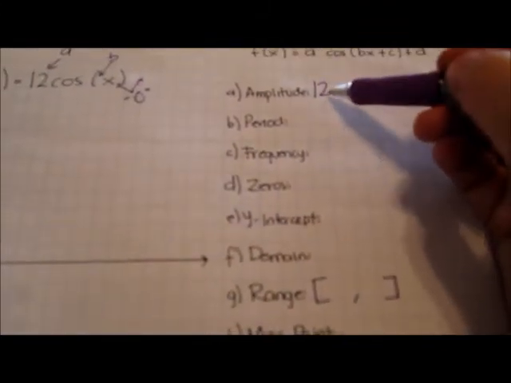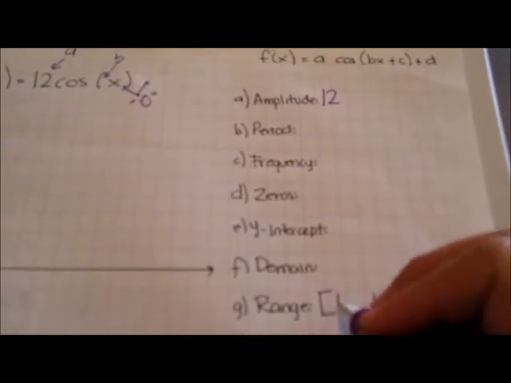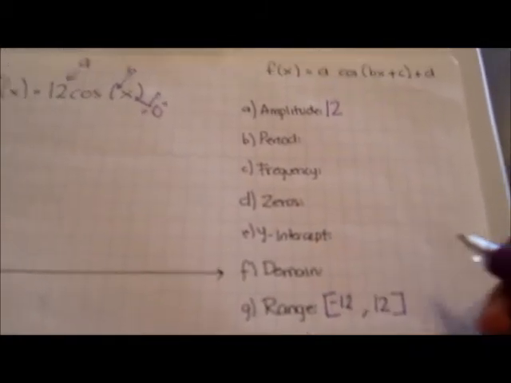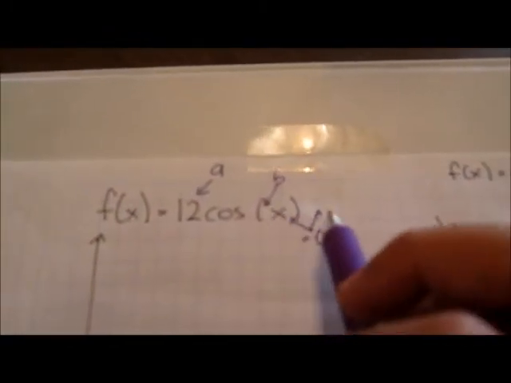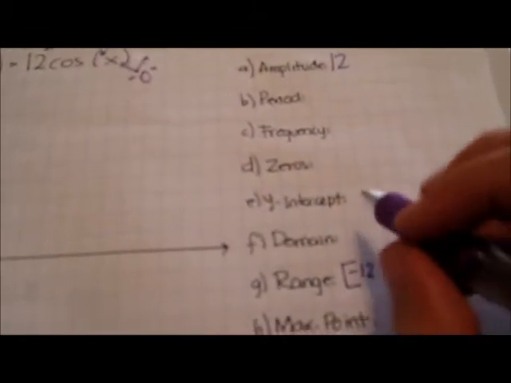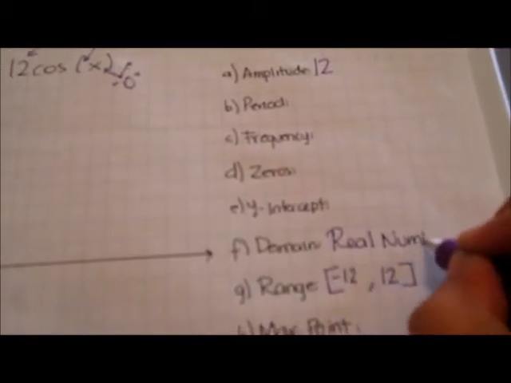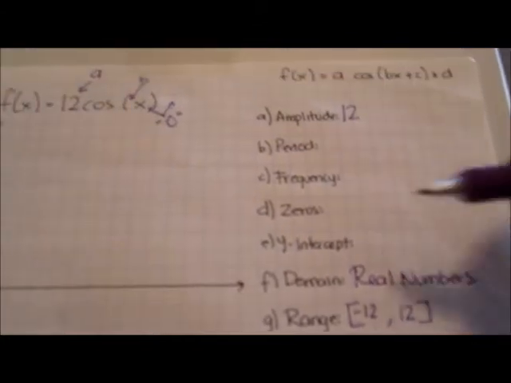My range equals my amplitude in positive and in negative. If my function doesn't say anything next to it, I need to write here real numbers. And then I need to fill all the information.